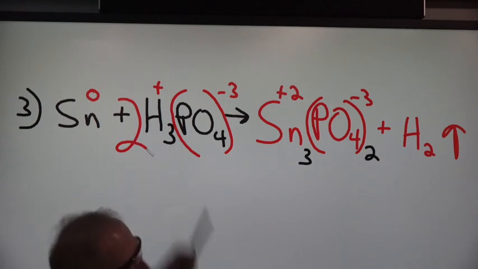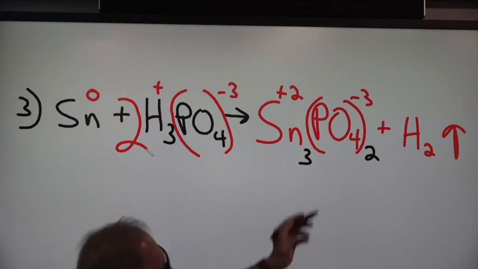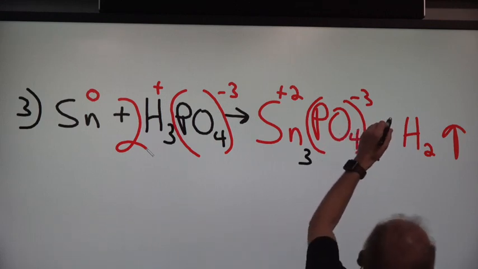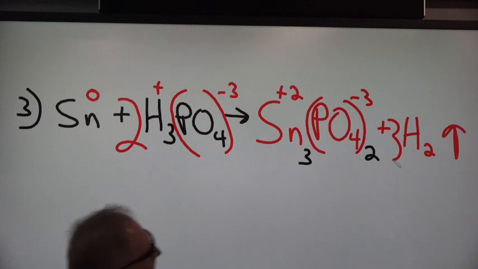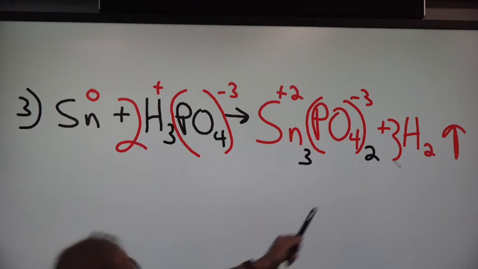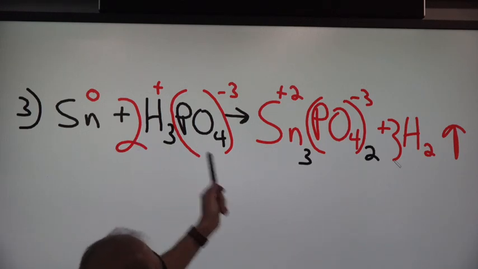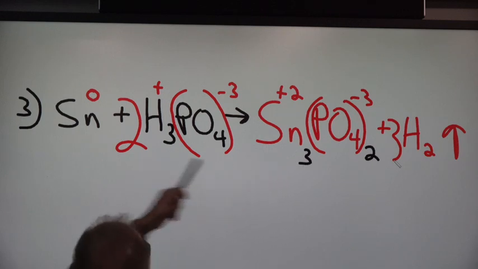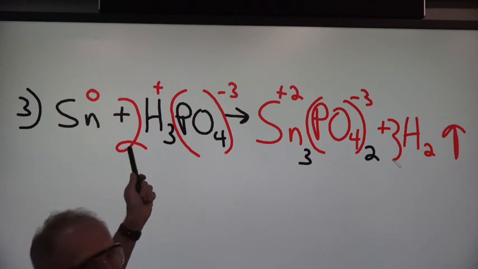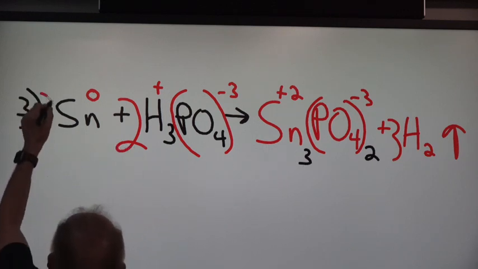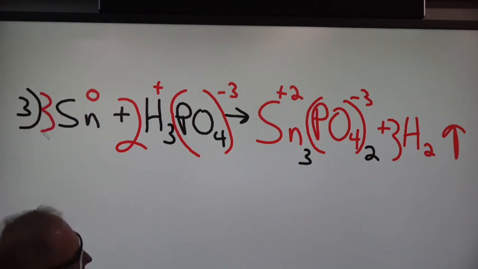Well, 2 times 3, we got 6 hydrogens. So we have to come over here and put a 3. So now we have 6 hydrogens, 6 hydrogens, 2 phosphates, 2 phosphates, 3 tins, we only have 1 tin. So we have to put a 3 here, and we're good. Okay? So number 4.